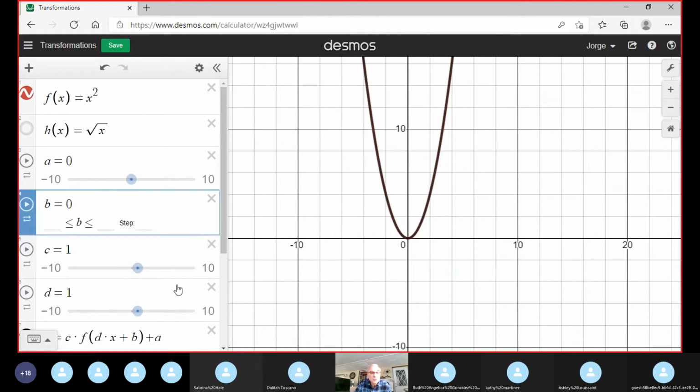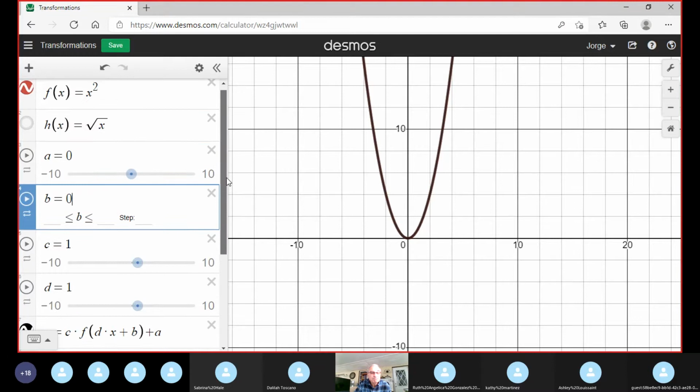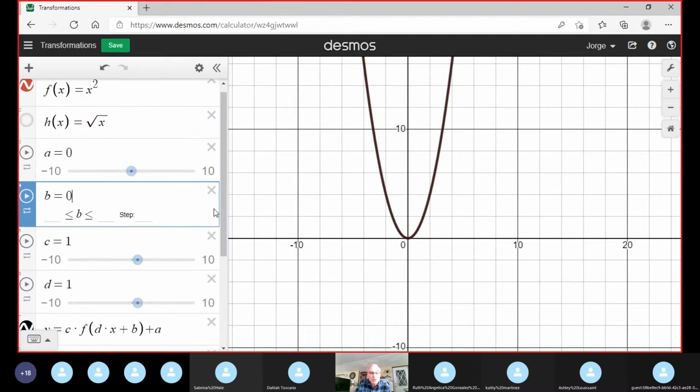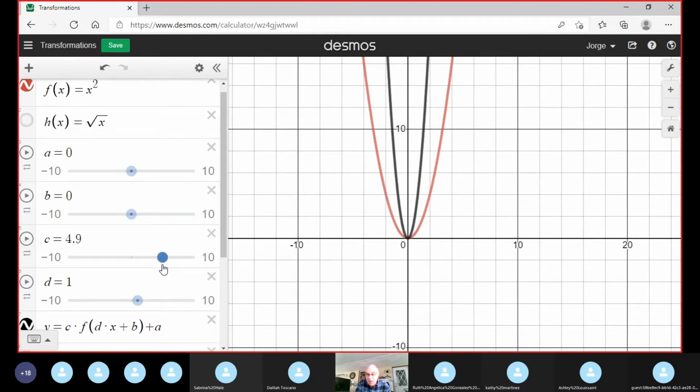Okay, now I want to change C. C is a factor that can multiply the function. Look at that, C. If you multiply our parabola by 2, by 3, by 4, by 5, let's see what's going on. Ooh, remember, the black color is the transformation, and the red color is the original basic function.